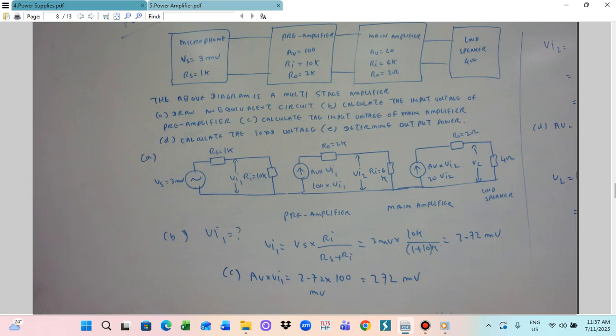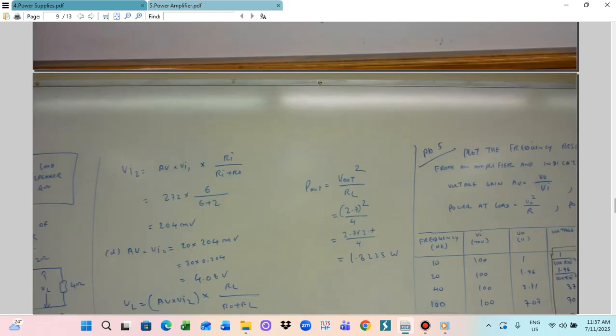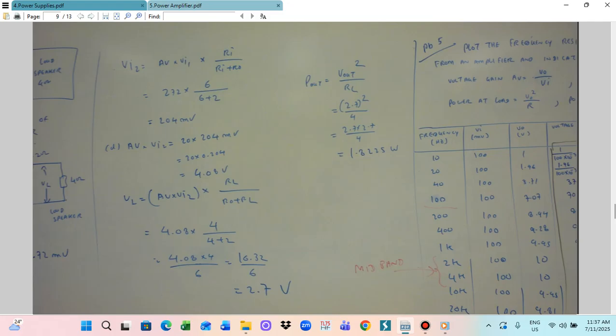And then the main amplifier we can also draw. The input resistance RI is 6. Then the voltage source, AB times VI2, where AB is 20, so 20 times VI2. Then the output resistance R0 is 2 ohm.